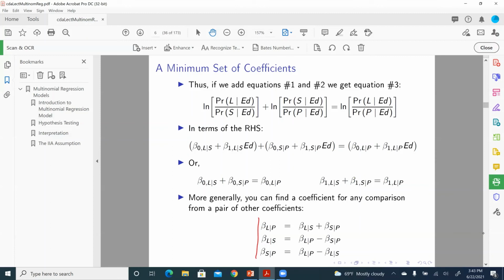I'm talking about the same covariate, either education or income or something. So for the same generic covariate, its slope for the odds of L over P is equivalent to the sum of the slope for the odds of L over S plus the slope for the odds comparison of S over P for the same covariate across different equations.